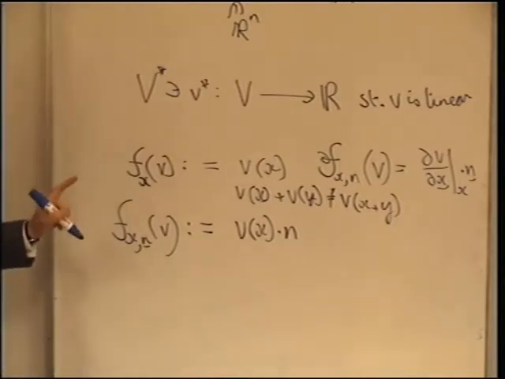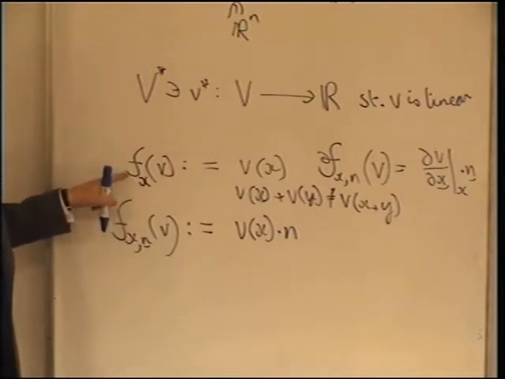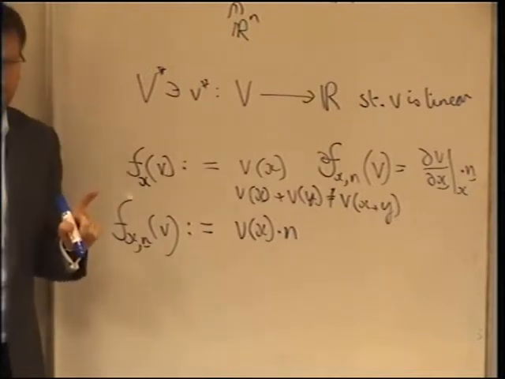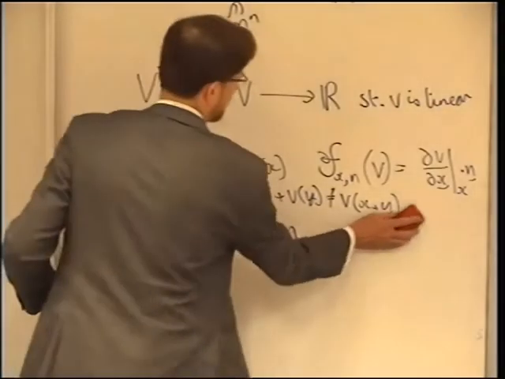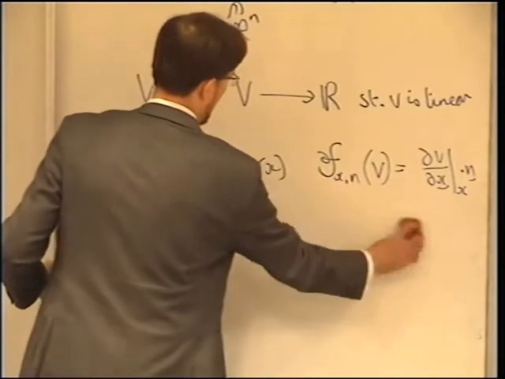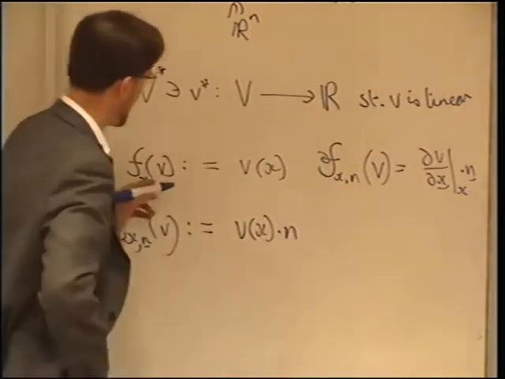Right? Because this is a statement about whether f is linear, not about whether v is linear. So the linearity statements for f, you can combine linearity into one statement, so we'll do that.